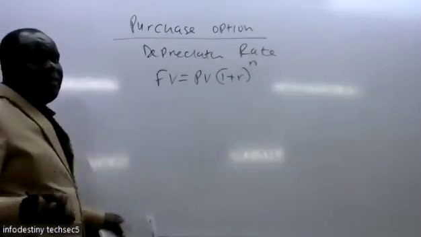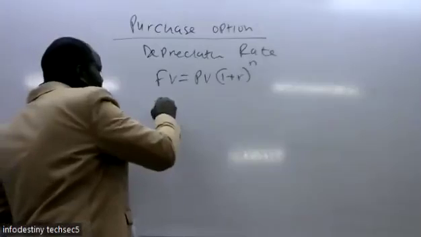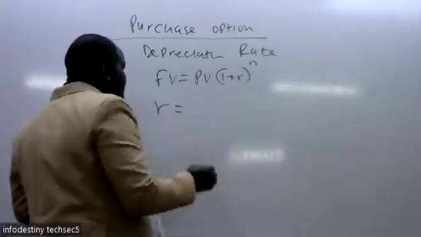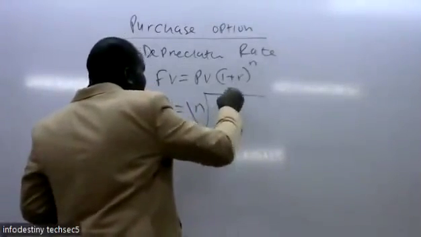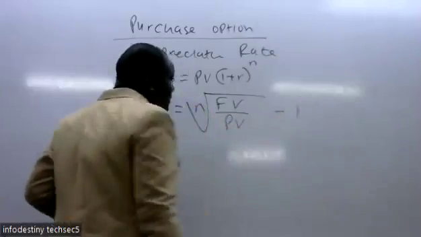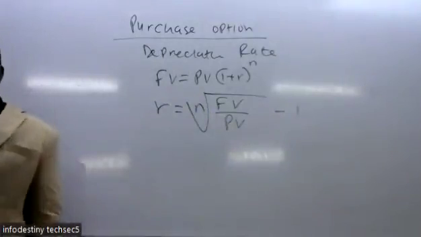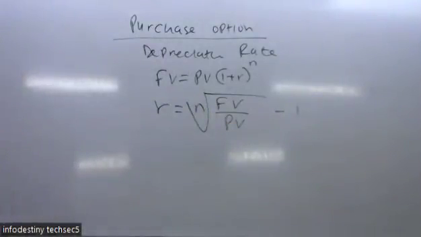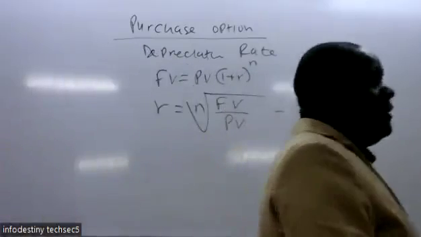So r will simply be the nth root of future value divided by present value. So when you make r the subject from that formula, finally it will be that value. So that machine was supposed to be there for how many years?